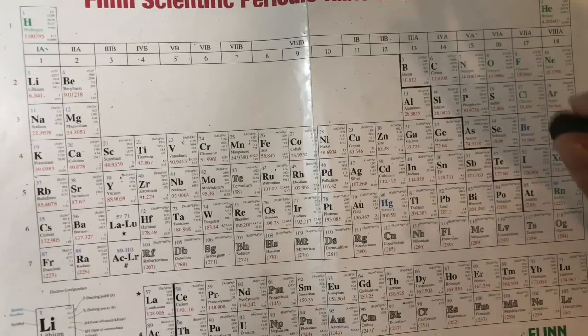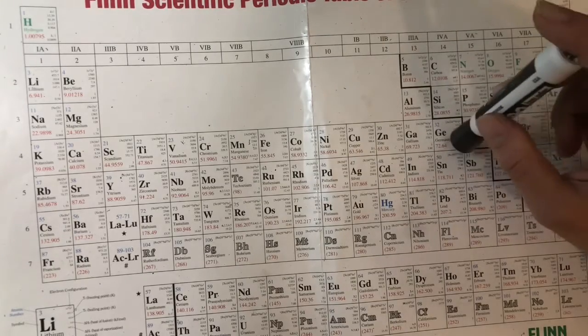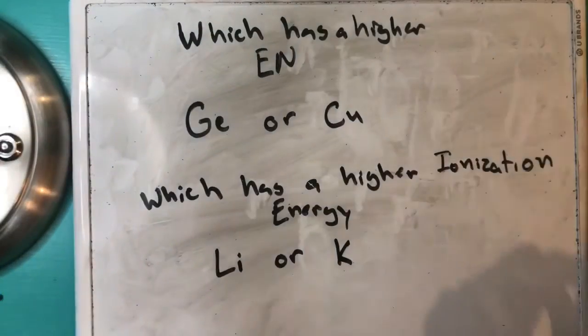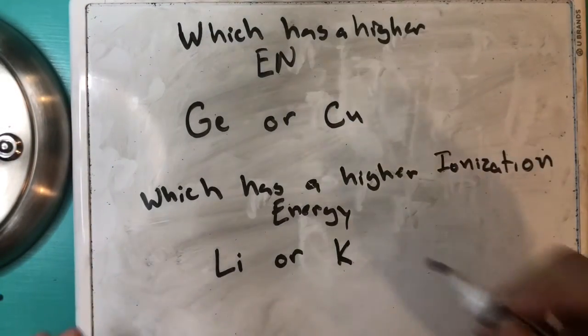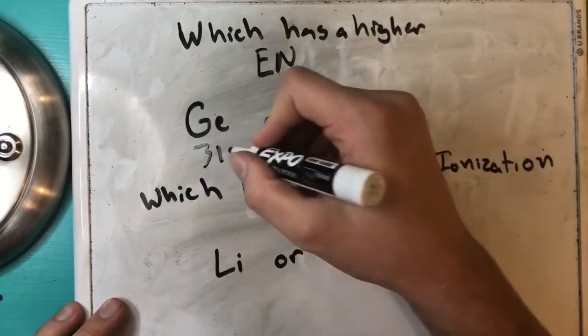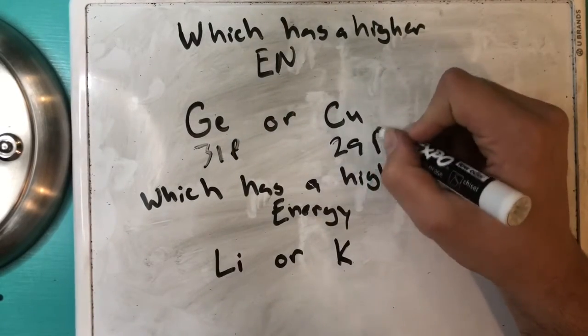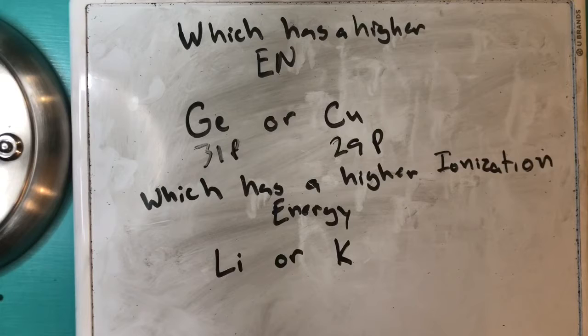And as with the other ones, we know that the difference is only in protons. So germanium, because it's element 31, has 31 protons, and copper is 29, so it has 29 protons. Which means how much of a pull it's going to have on electrons, because positive and negatives attract.